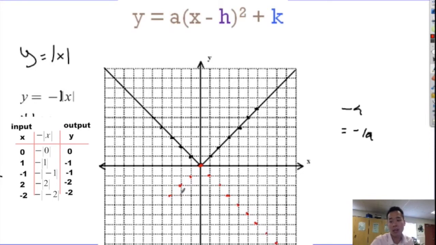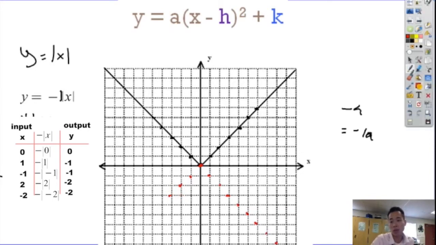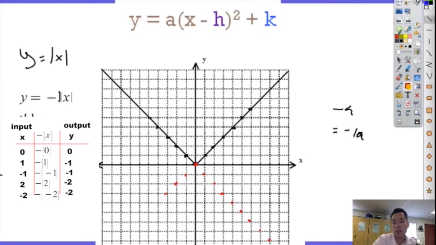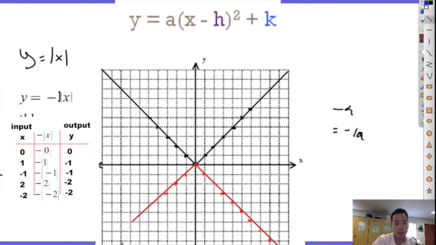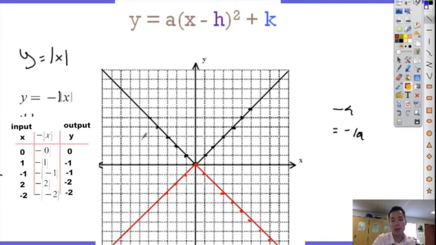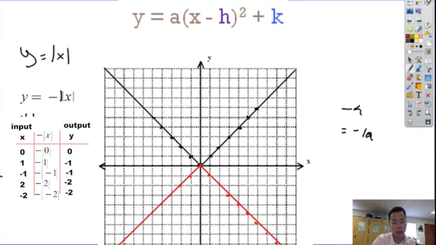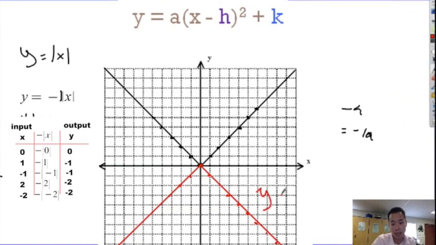And then we just have its reflection over the vertex itself. So it should look something like this. The equation for the parent is still y equals the absolute value of x, but the equation for its image is now y is equal to negative times the absolute value of x.